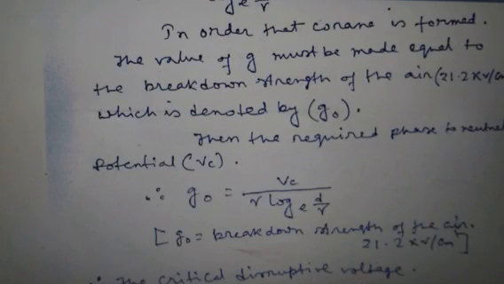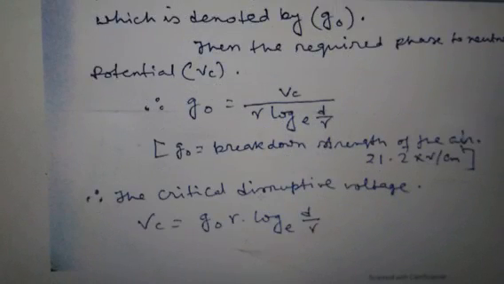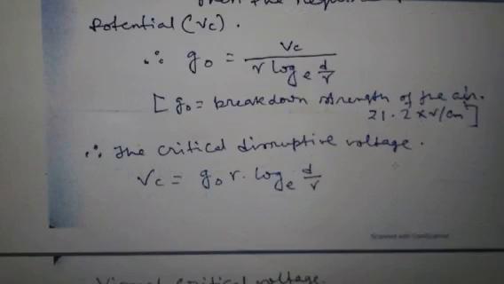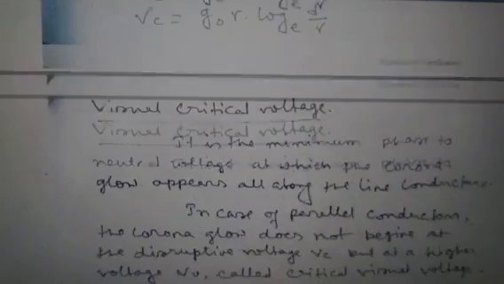Then the required phase to neutral potential is Vc. Therefore, g0 equals Vc divided by r log e d by r, where g0 is the breakdown strength of the air, equal to 21.2 kV per centimeter. So the critical disruptive voltage Vc equals g0 into r log e d by r.